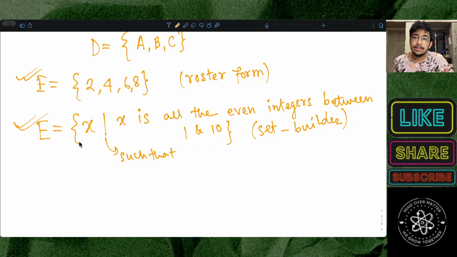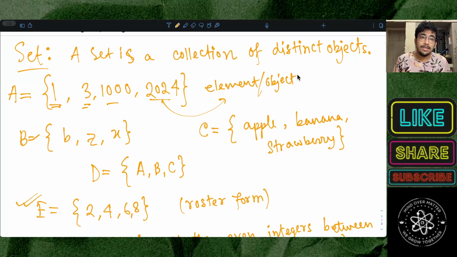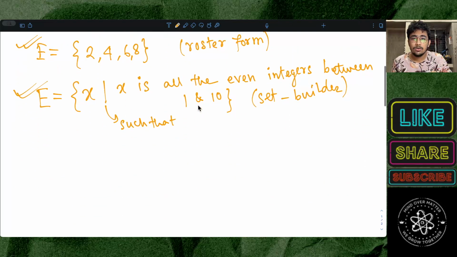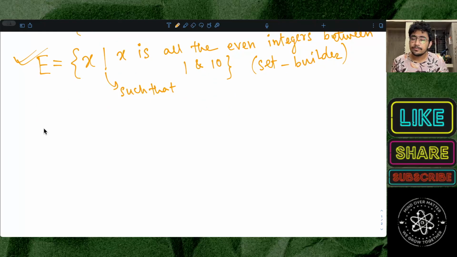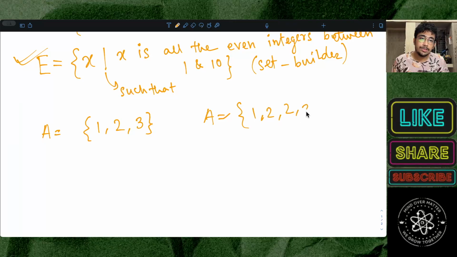Another thing I would like to say is that a set is a collection of distinct objects. This word is very important: distinct. It means that the elements are unique. You can have a set like 1, 2 and 3, but you cannot have a set like 1, 2, 2, 3, 3, 3.